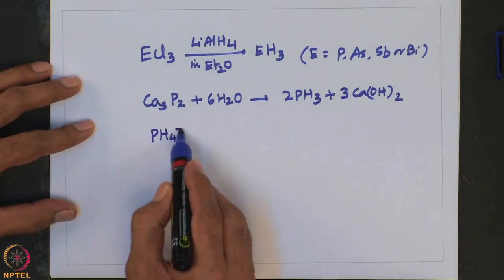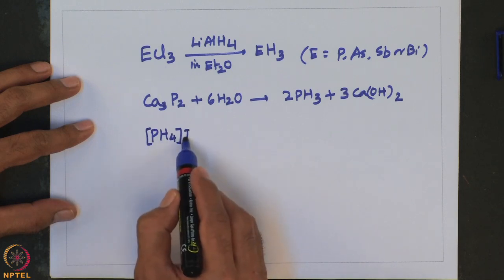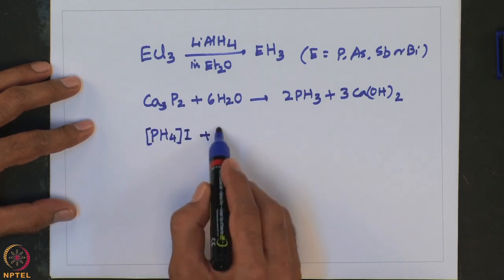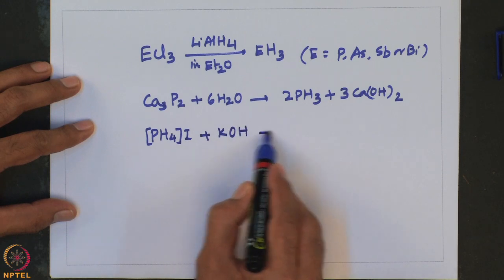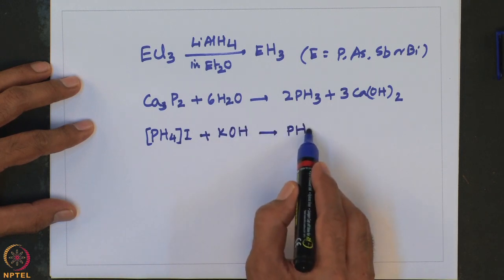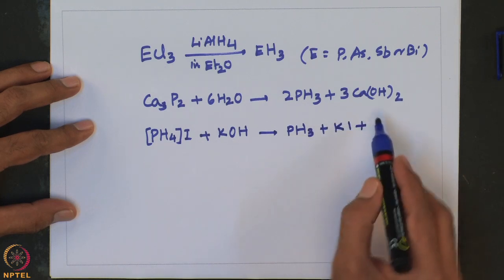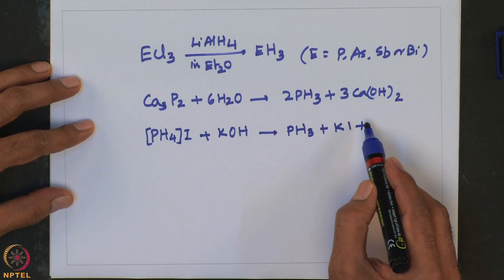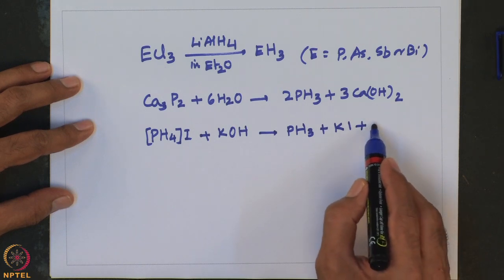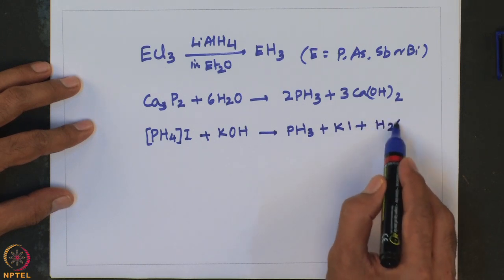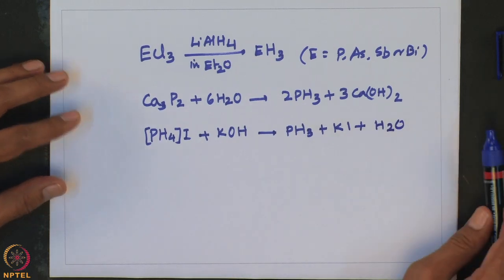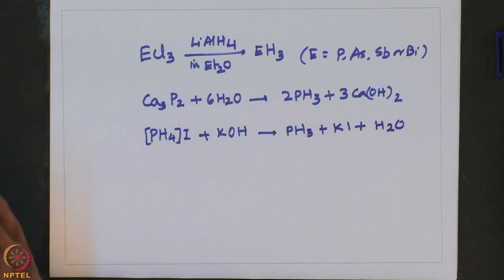For example, PH4I on treatment with KOH gives PH3, KI and H2O. And of course, phosphine is an extremely toxic colorless gas which is much less soluble in water than is NH3.